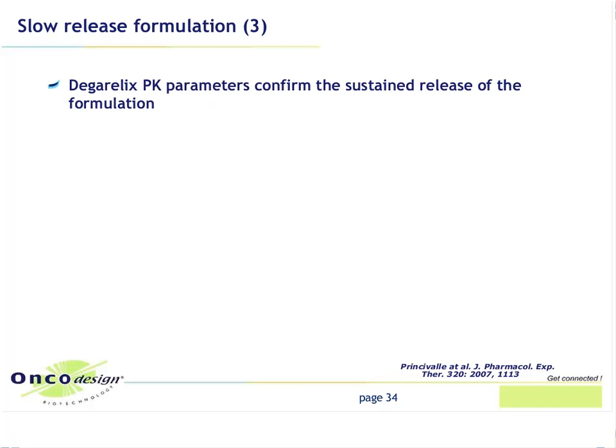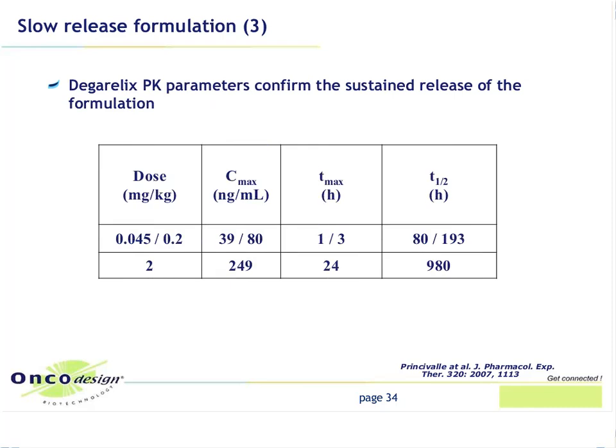So first, about the PK. Degarelix PK parameters confirm the sustained release of the formulation. It means that the Cmax were quite low, but it depends on the dose administered, between 0.05 to 2 milligram per kilogram. The Tmax also was quite short, between 1 to 24 hours after the single injection.